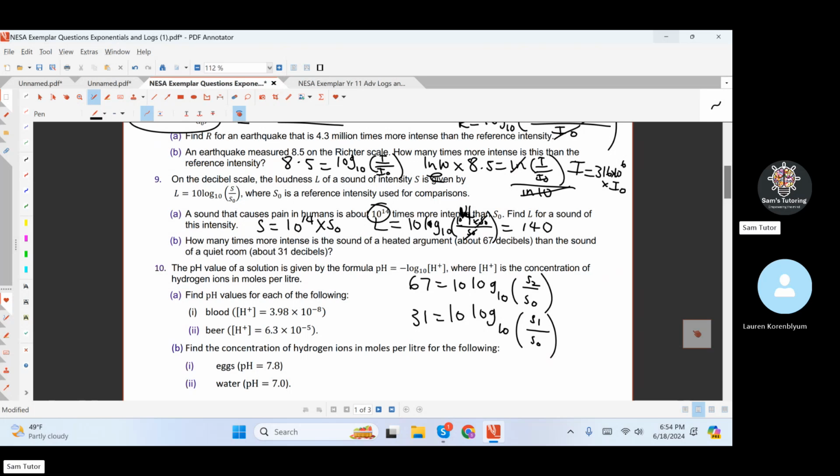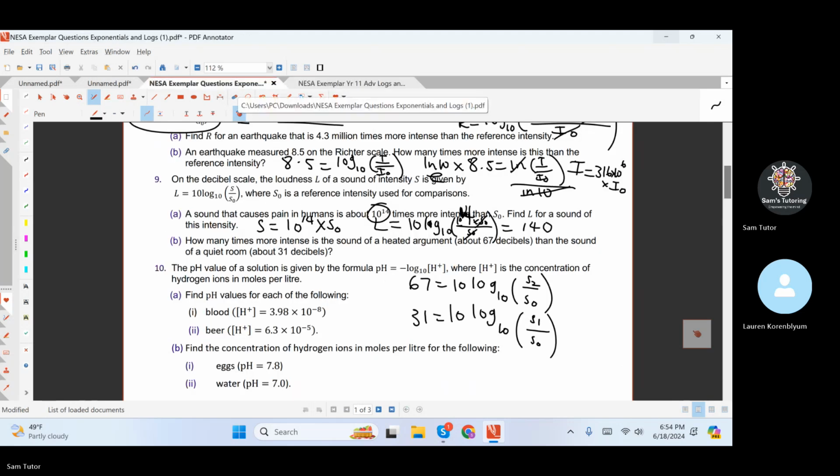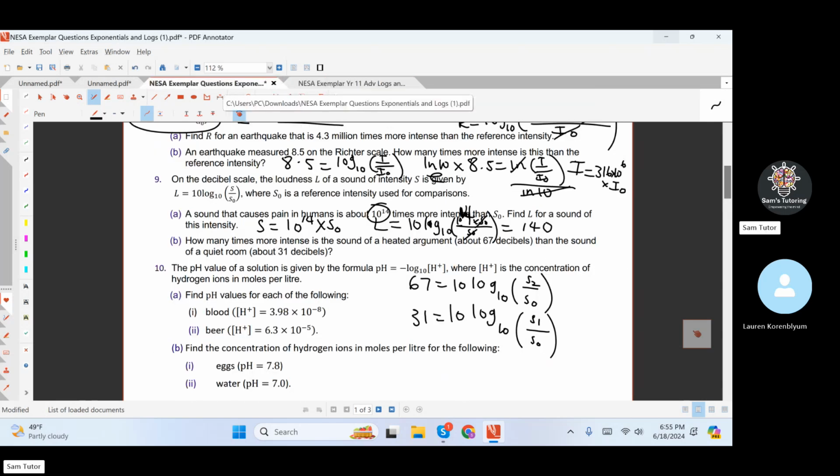Try to find what S2 over S0 and S1 over S0 is. Should just be dividing. And what are we looking for eventually? 3,980 times.